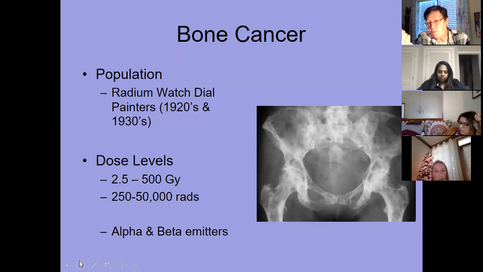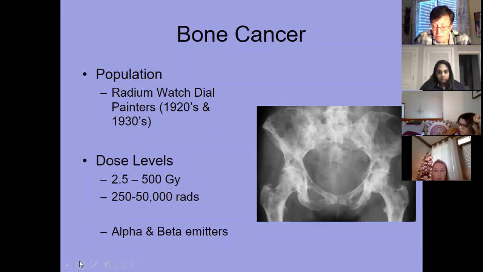In addition to bone cancers, osteoporosis was also seen, as well as cancers of the nasopharynx and the sinuses. That's because, think about the area of the face. They were licking the brush, ingesting the radium sulfate, and those are common sites.